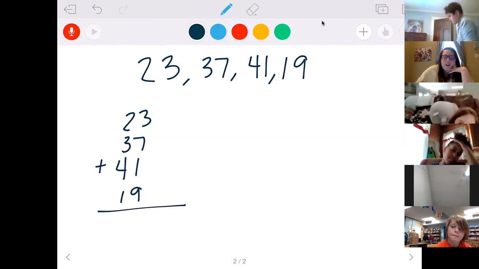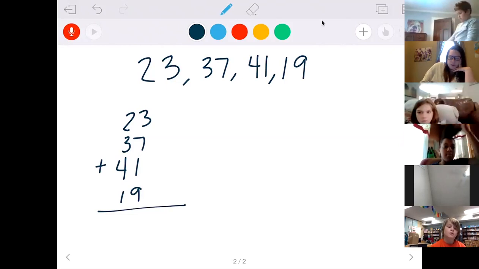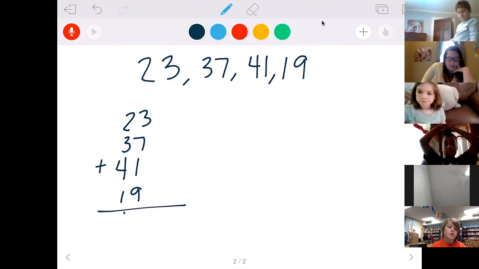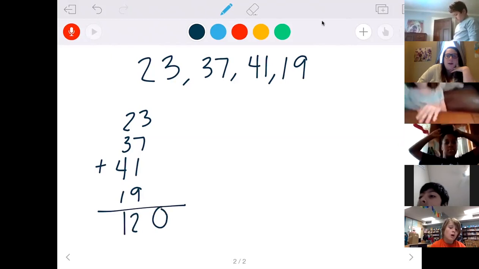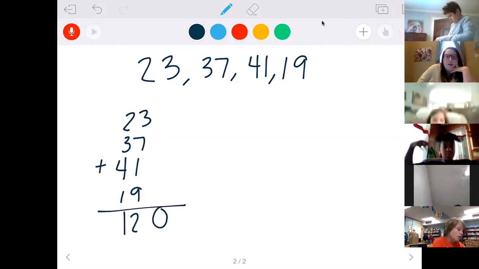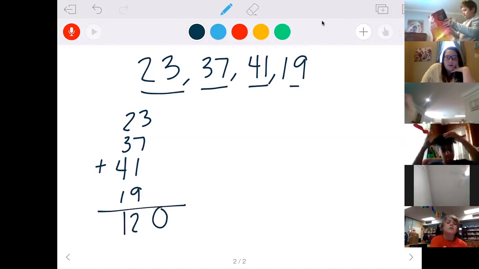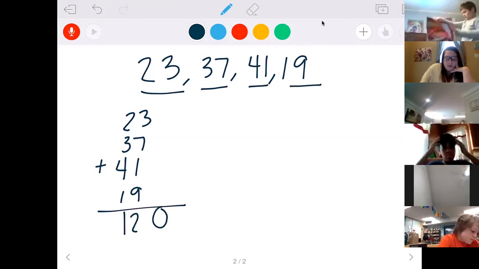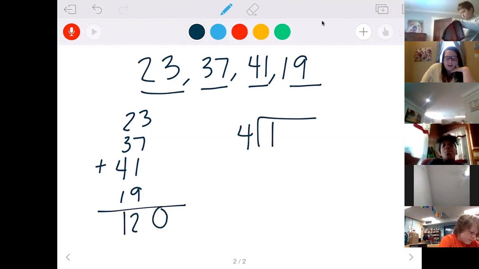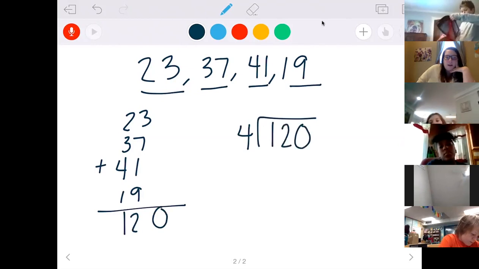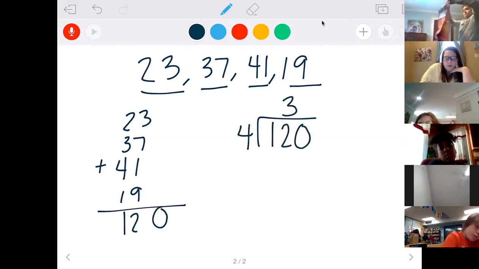Okay, so even if you're not done, I'm going to show you how to do this one. When you add all of these up, you should have gotten 120. Okay, there's 4 numbers here. 1, 2, 3, 4. So I'm going to take the 4 and divide it into 120. 4 goes into 12 3 times. 4 times 3 is 12.